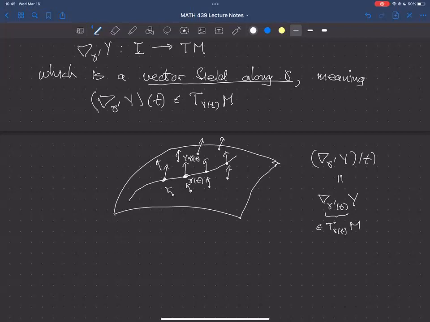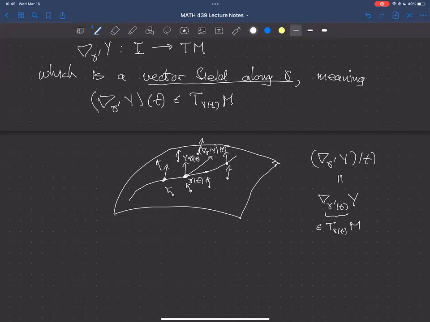Okay, and so at this point, I will get some other tangent vector. My drawing is getting a little cluttered, so forgive me, I'm going to rub some out. I'm going to get some other tangent vector, and it's going to look maybe like this, and that one's going to be nabla gamma prime y at t.